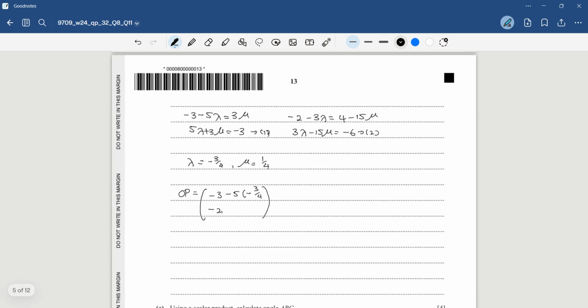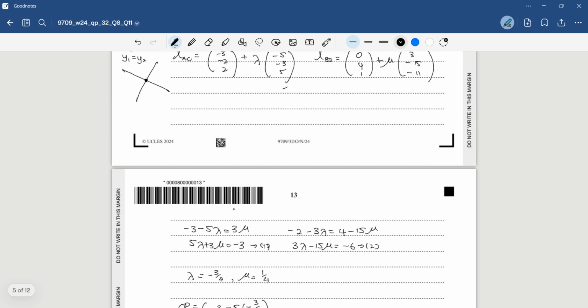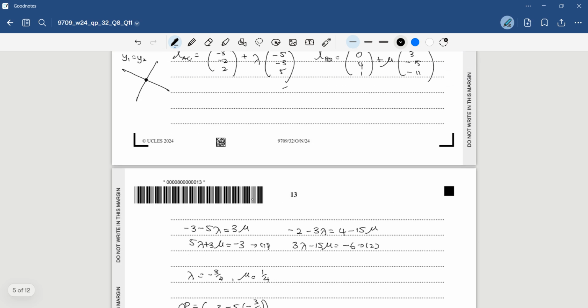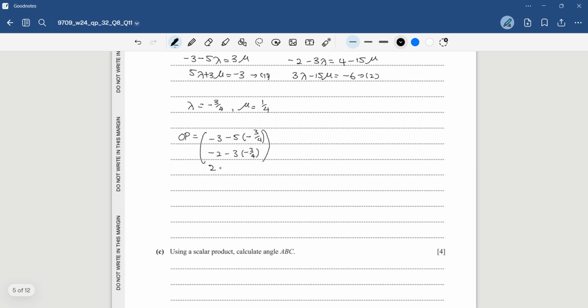So negative 2 minus negative 3, negative 3 over 4, and 2, 5. 2 plus 5, negative 3 over 4. So you'll get 3 over 4, 1 over 4, and negative 7 over 4. So this is your P coordinate.